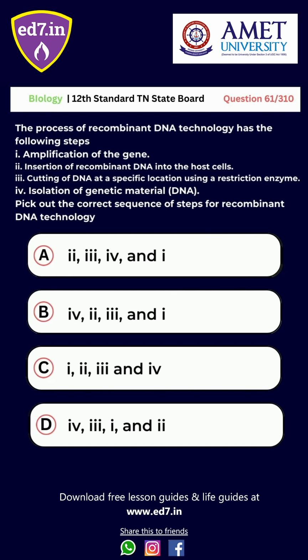Pick the correct sequence of steps for recombinant DNA technology. Option A. 2, 3, 4, 1. B. 4, 2, 3, 1. C. 1, 2, 3, 4. D. 4, 3, 1, 2. And the right answer is option D. 4, 3, 1, 2.